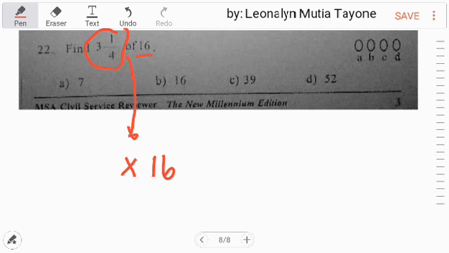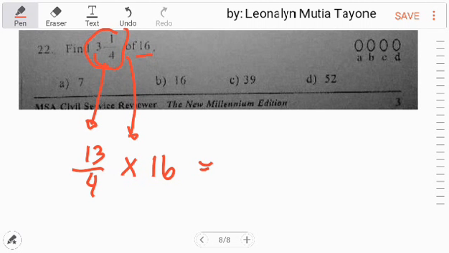So, 3 and 1/4: 4 times 3 equals 12, plus 1 equals 13, at kopyahin si denominator na 4. In other words, si 3 and 1/4 ay equivalent ng 13/4.